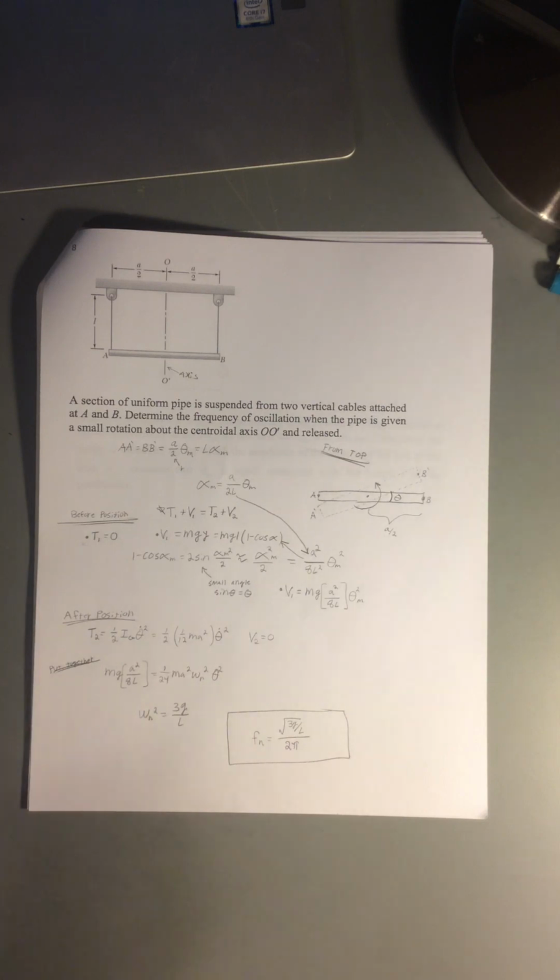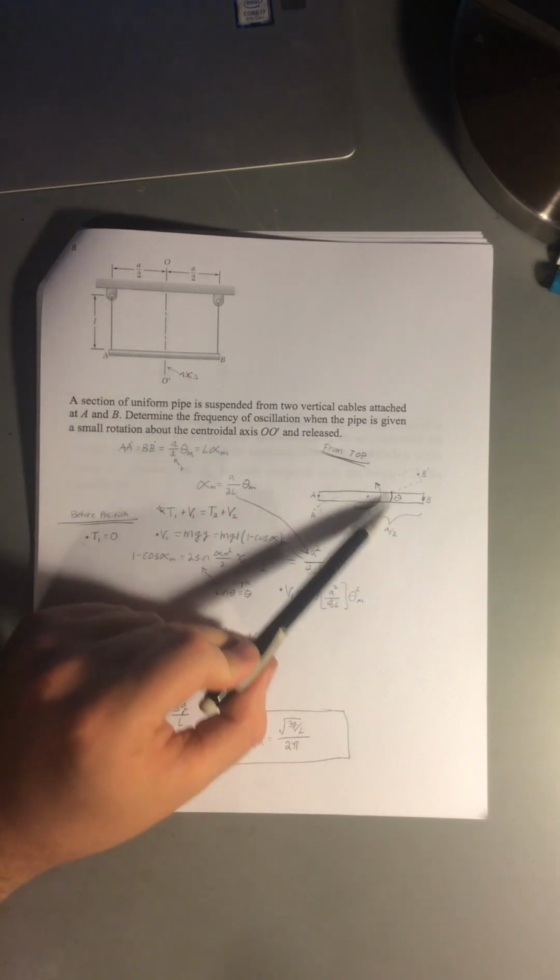Looking at that, we can create a couple of kinematic relationships that will help us later on. We know that A prime has to equal B prime because they are the same distance from the axis here, and those have to equal this radius here, A over 2, times the amount of rotation theta, and that also has to equal L alpha.